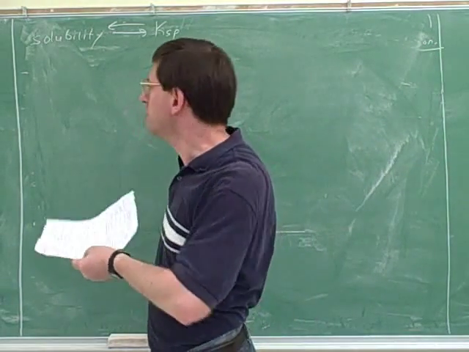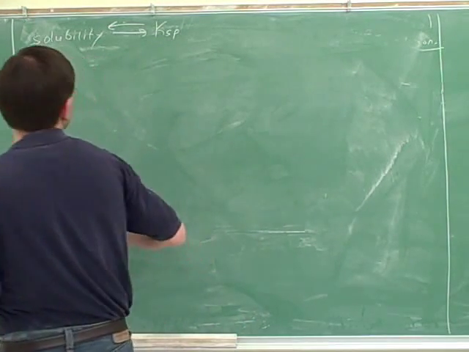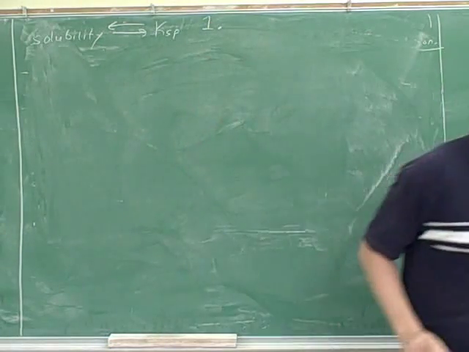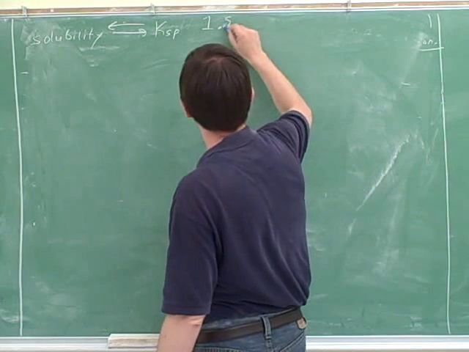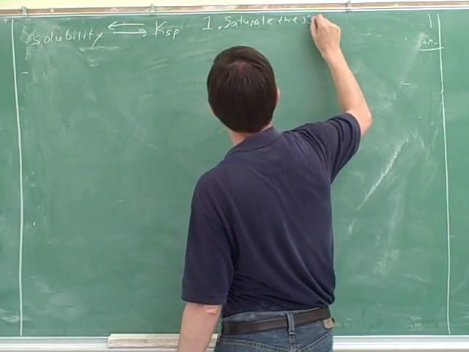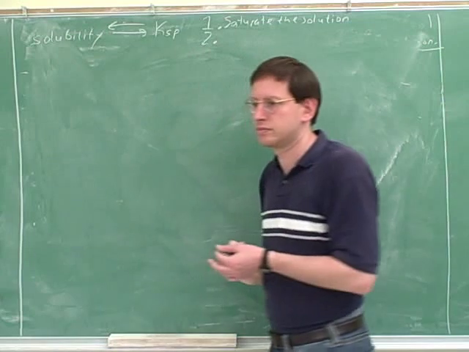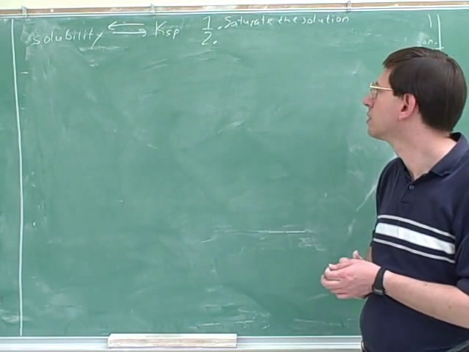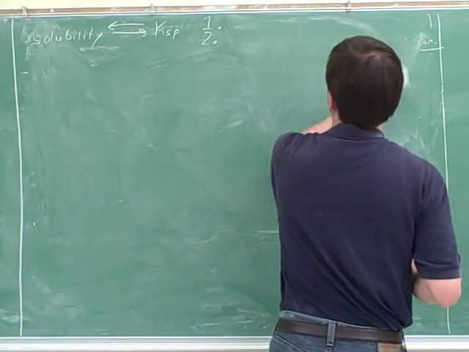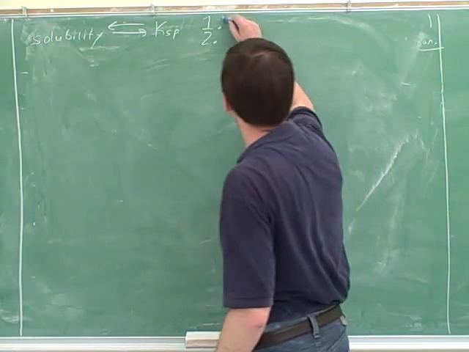Now let me give you a method for solving these types of problems. Here's the method. Step one, saturate the solution. Well, maybe the real step one is to write the chemical equation and ice table.